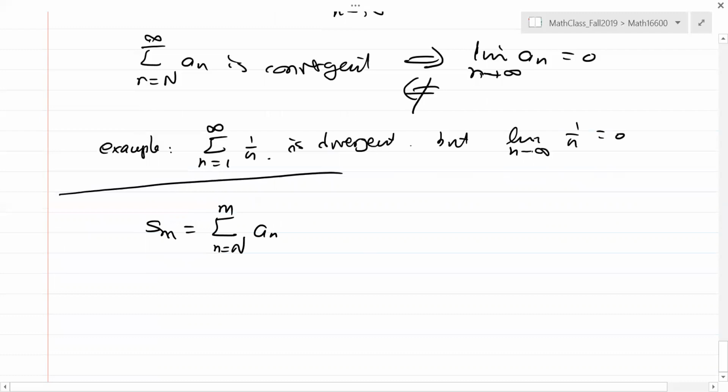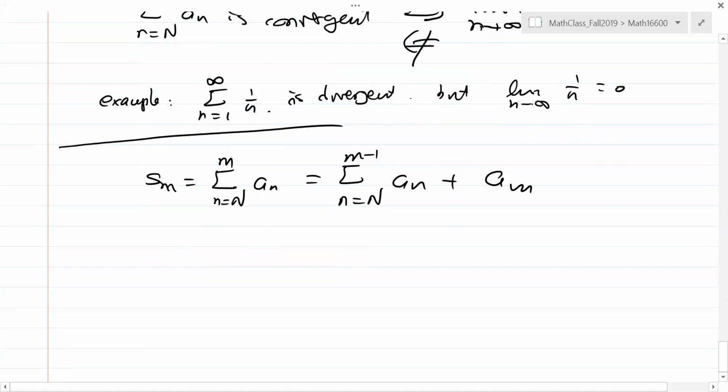If you look at the partial sum, the next one, you can also add them together, s_(m-1). And then the last term is here, right? So what that means is s_m equals s_(m-1) plus a_m.